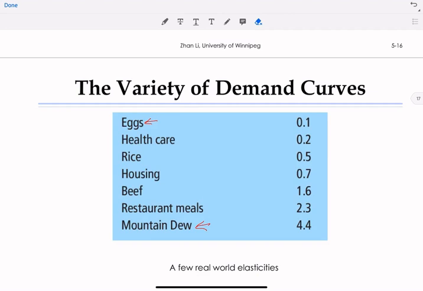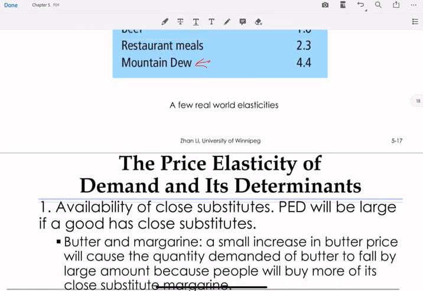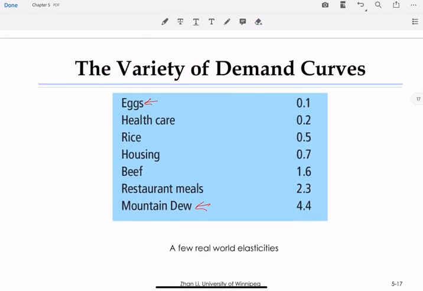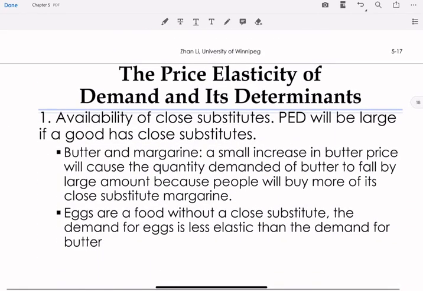In this case, we have 4.4 for Mountain Dew. Now, you might wonder, right? Why do we see these differences in elasticities for different kinds of consumption goods? And you might wonder what affects elasticity, right? So let's learn about several factors which could affect elasticity.